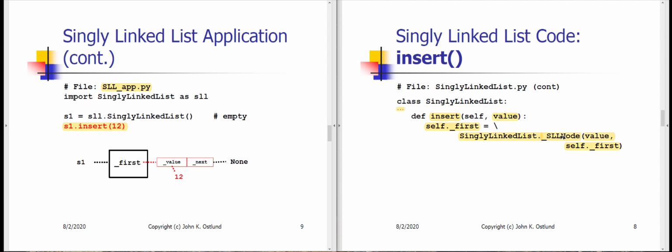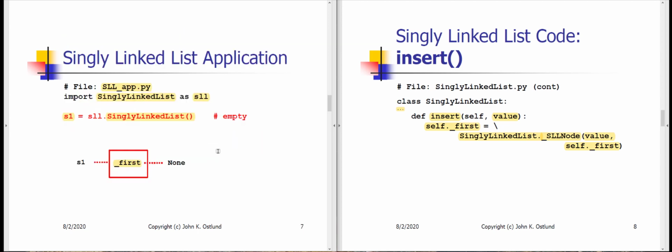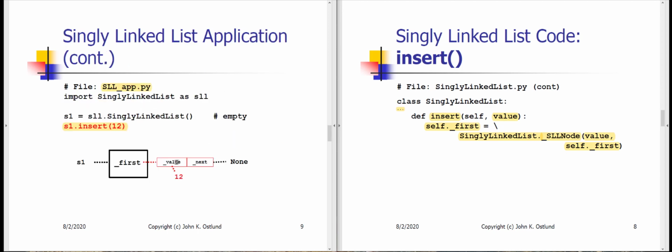We're going to create a new node with 12 as the value and with self.first as a pointer to the remainder of the list. Well, self.first, if we look back at our previous code, was None. So that means that the underscore next attribute within this newly created node is going to be referring to that None. And the value in this newly created node is going to be referring to the int value 12.